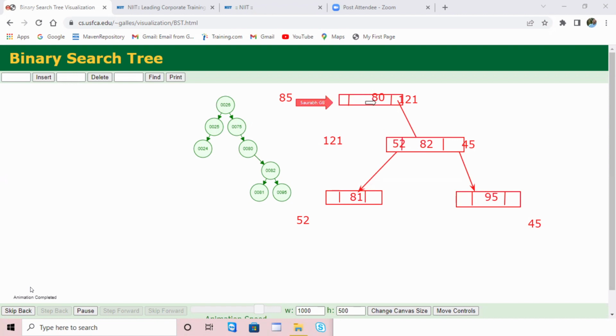In order to delete this, I need to find who are its children. I found 81 and 95 are the children. Who will be king? 81 will be king. So 81 will be pushed over here, 82 automatically gets relieved. How will this happen in context to its parent node?